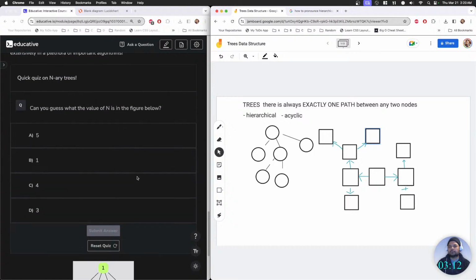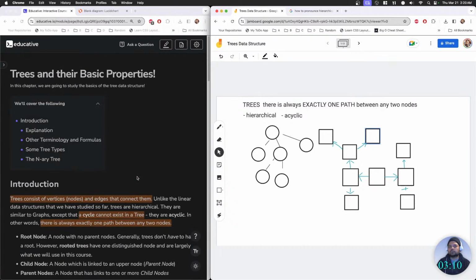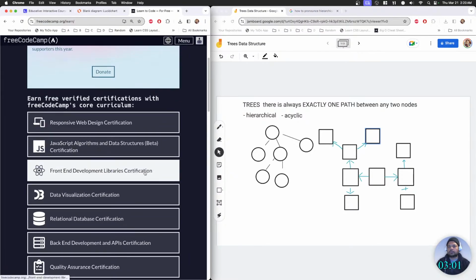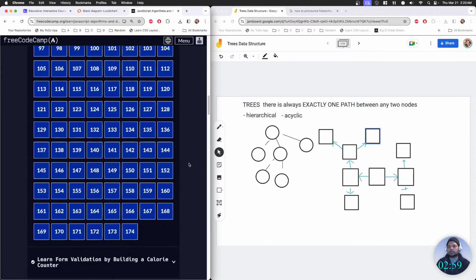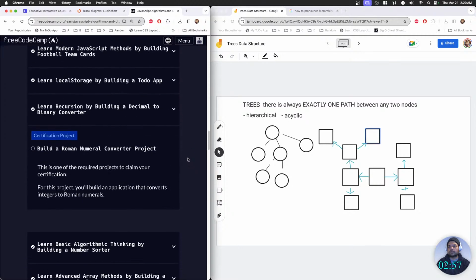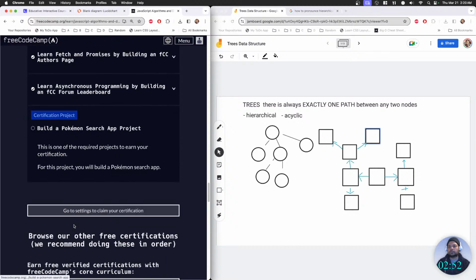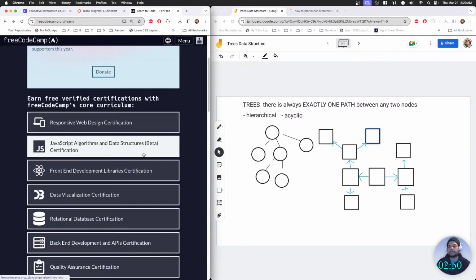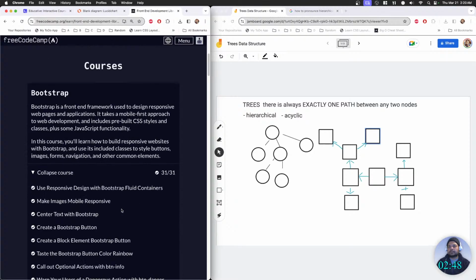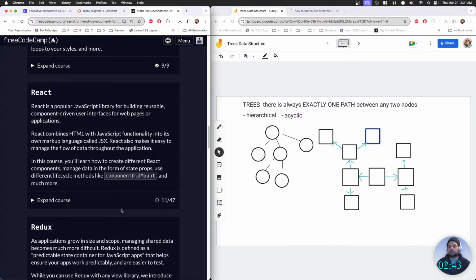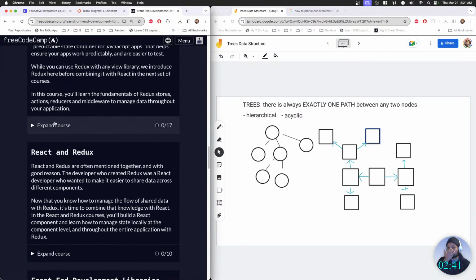Okay. It's a good restart. What can I do in the next stream? Let's see. I still have not finished the projects. I need to do 1, 2, 3 projects, 4 projects. Still haven't finished this. I'm up to React and Redux.